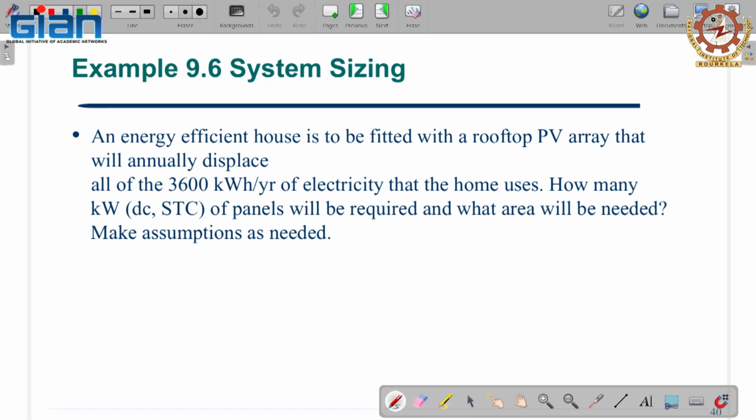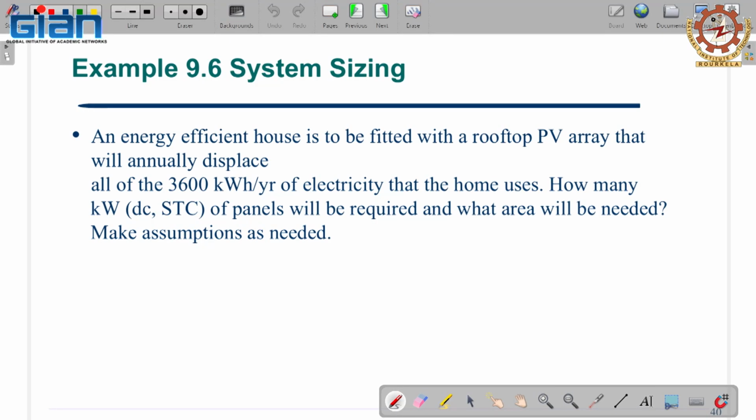So this example gives you a little bit of calculation. I'm not going into the detail, but you can do these simple calculations. An energy efficient house is to be fitted with a rooftop PV array that will annually displace all the 3,600 kilowatt hours per year of electricity that the house uses.